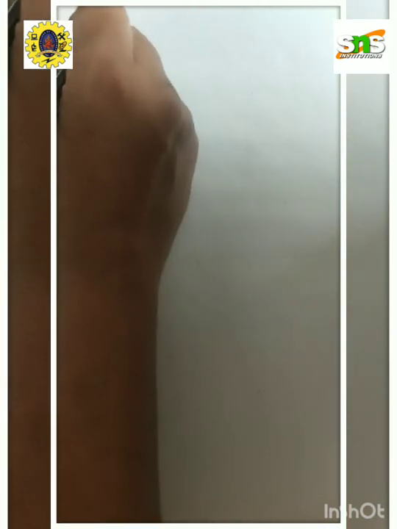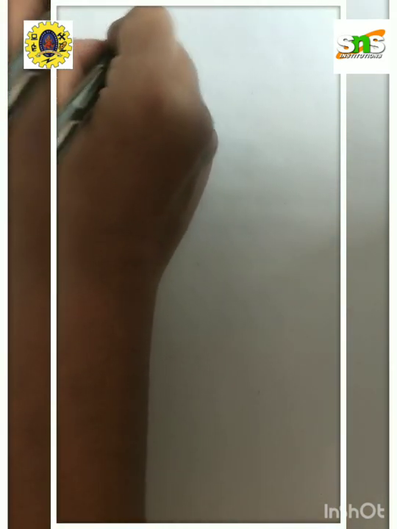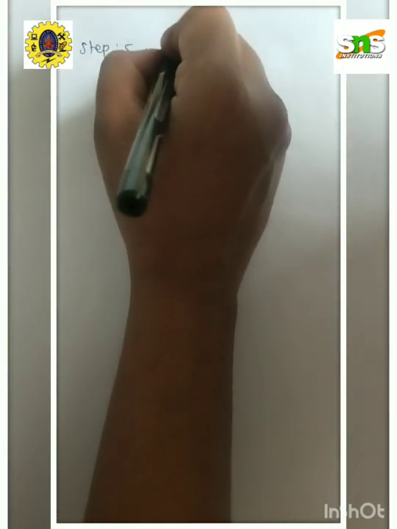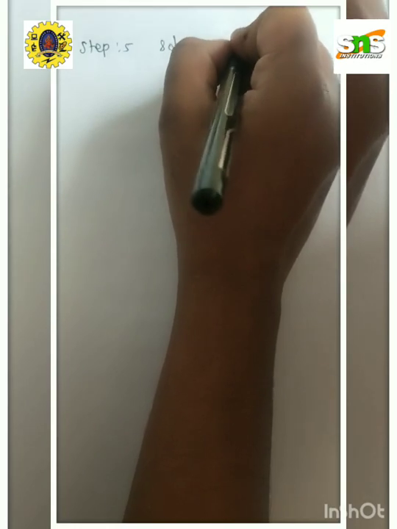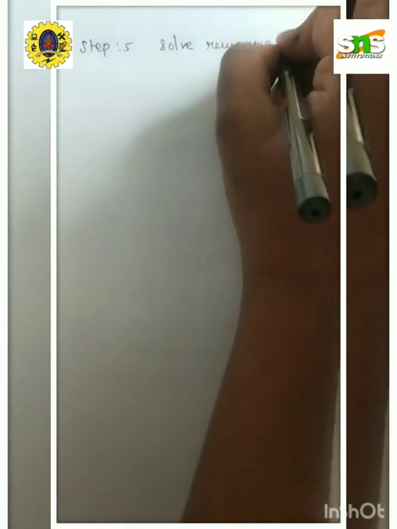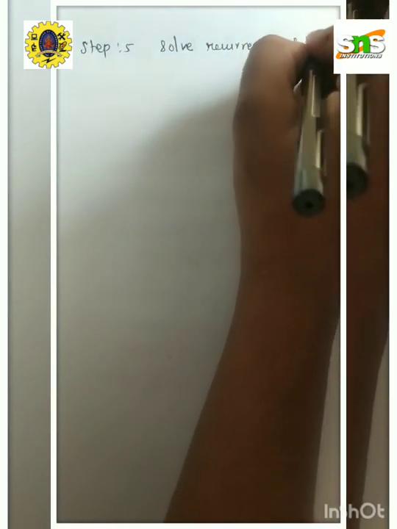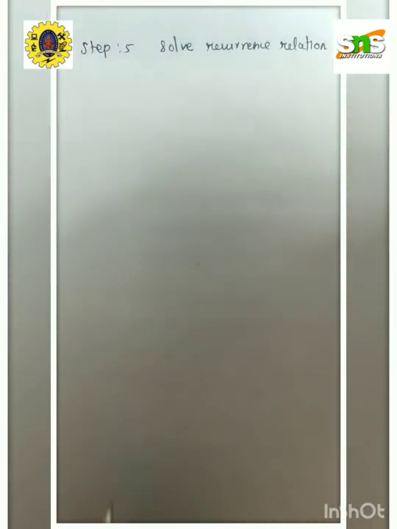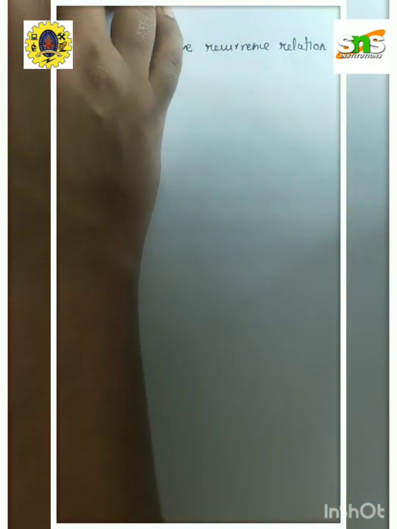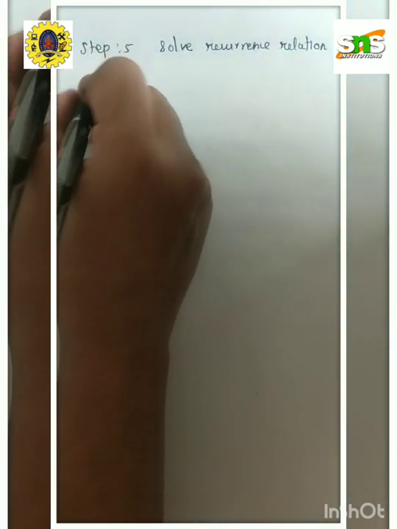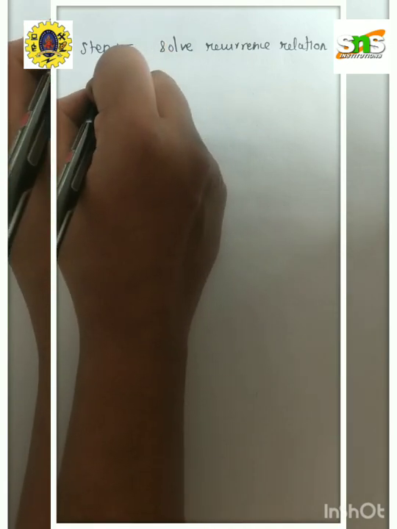Next, step 5, solve the recurrence relation. We already formed the recurrence relation in the previous step. Solve recurrence relation. This is a new word to you, recurrence relation. The recurrence relation is only used in recursive algorithms. So to solve the recurrence relation, we have two methods.